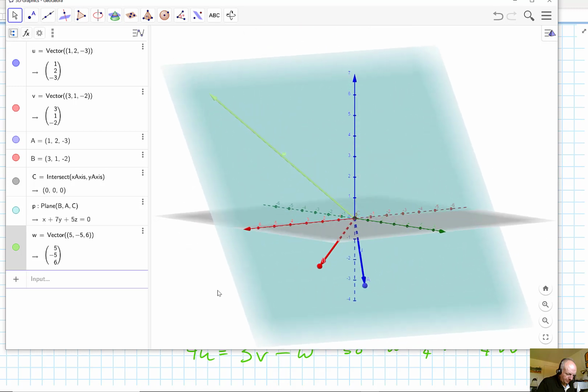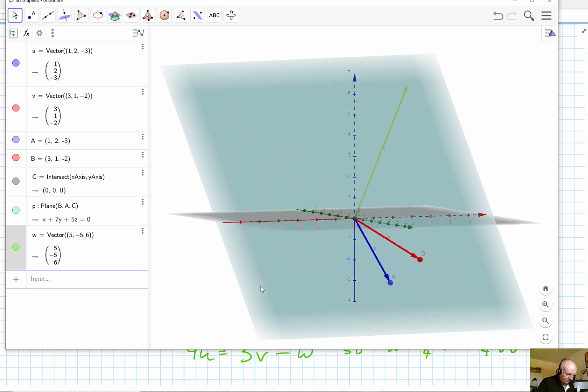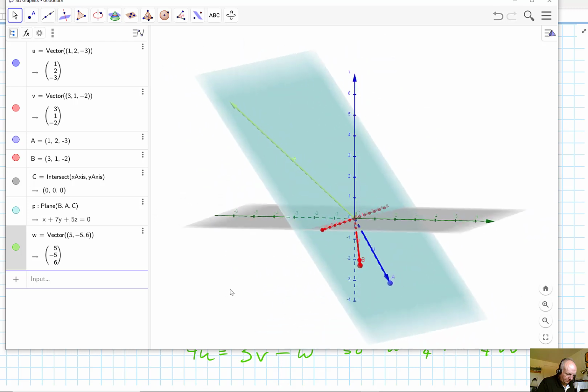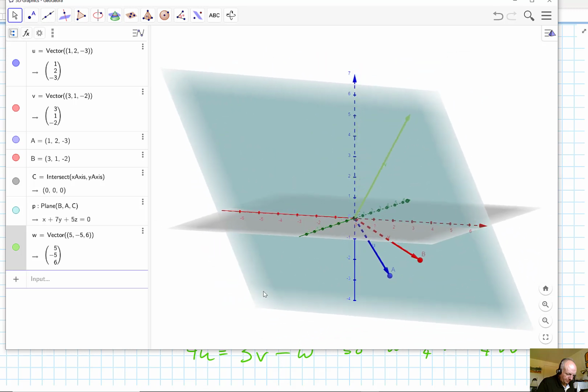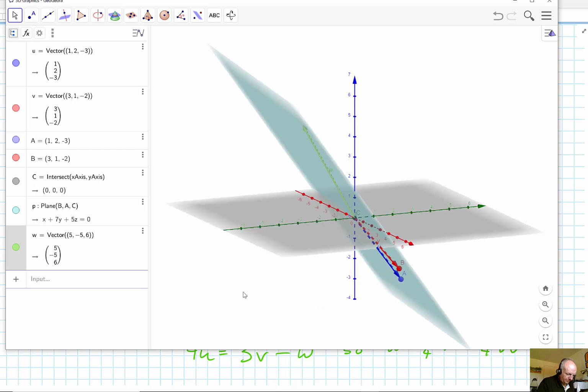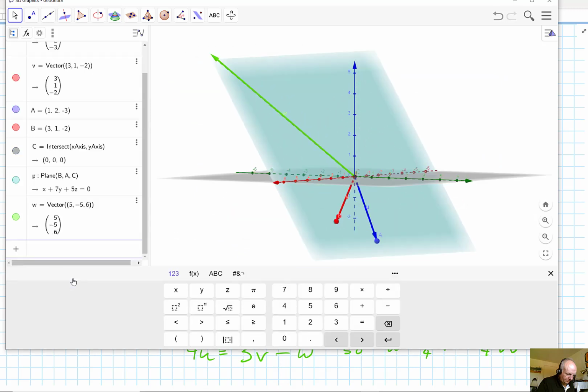So graphically speaking, when we move to three dimensions, if three vectors are dependent, that means they lie in the same plane. Okay. Let me give you just an example. Here would be a vector that is independent of u and v.